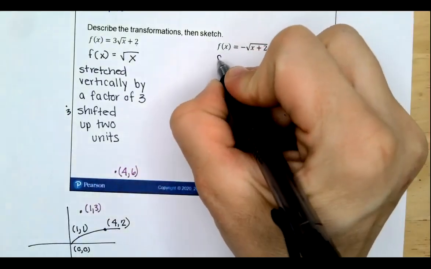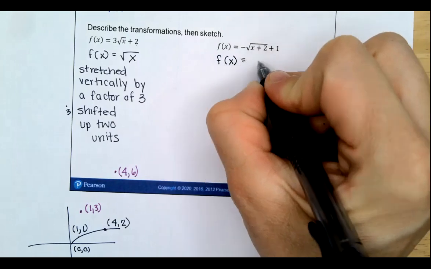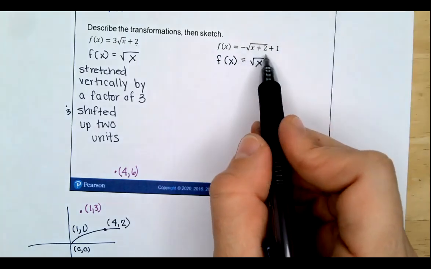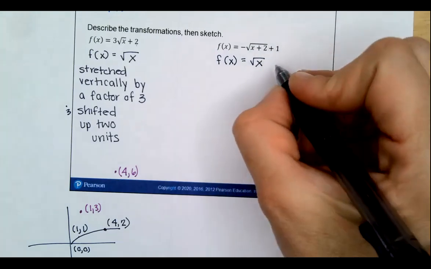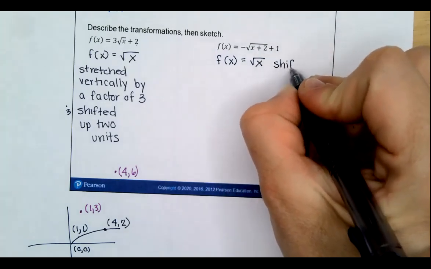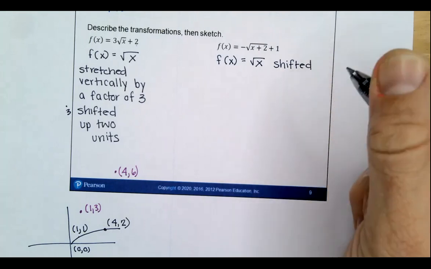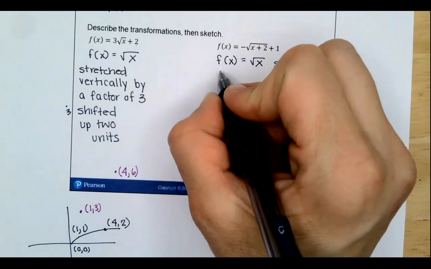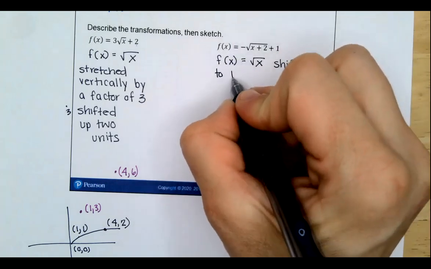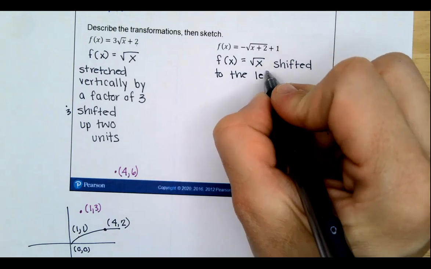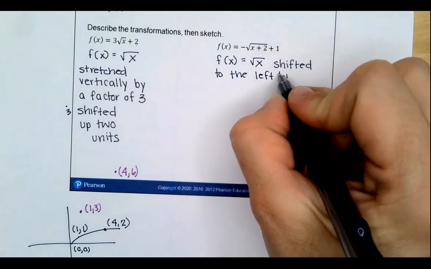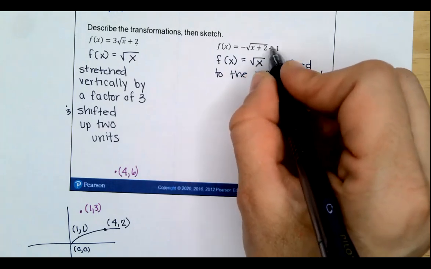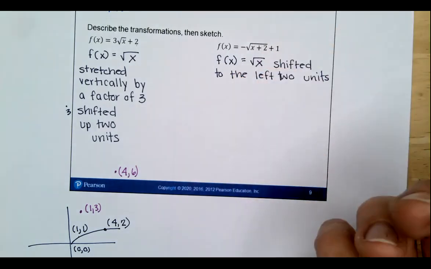Here we have that same graph, f of x equals the square root of x. We are going to shift horizontally, to the left 2 units, because 2 units to the left is in the negative direction, and if we're dealing with the x, we're kind of doing the opposite.